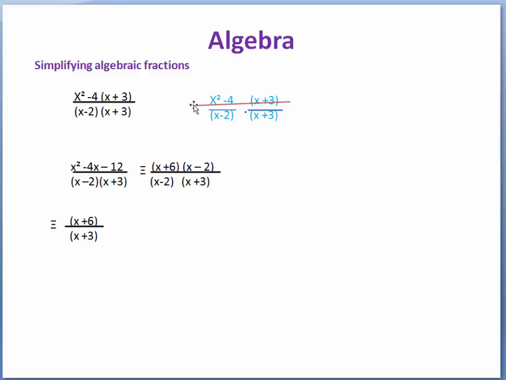However, in order to do that, you'd have to have this x² - 4 over the x - 2, and when we multiply across these numerators, you don't get (x² - 4)(x + 3), do you? So this is wrong. It's wrong to cross these out.